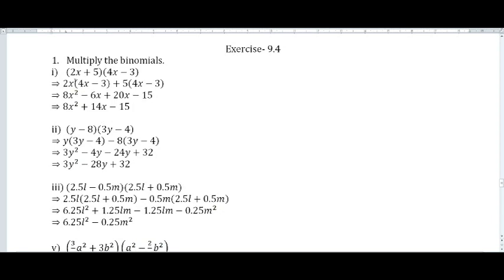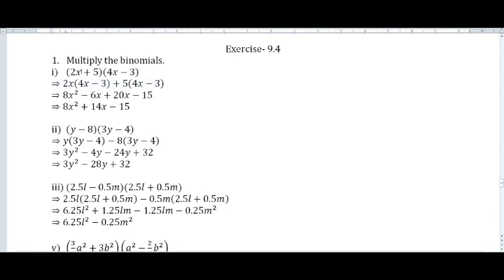And here in question number 1, multiply the binomials. So here 2x plus 5 and 4x minus 3 have to be multiplied. Here 2x plus 5 have to be multiplied with 4x minus 3.